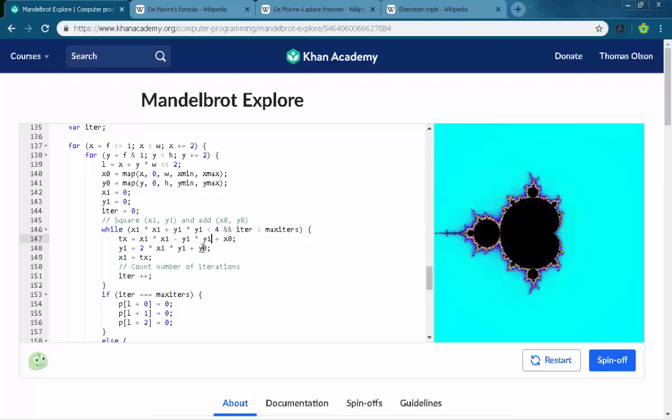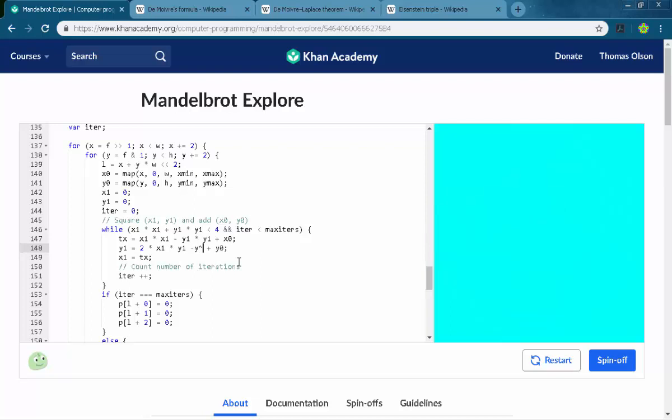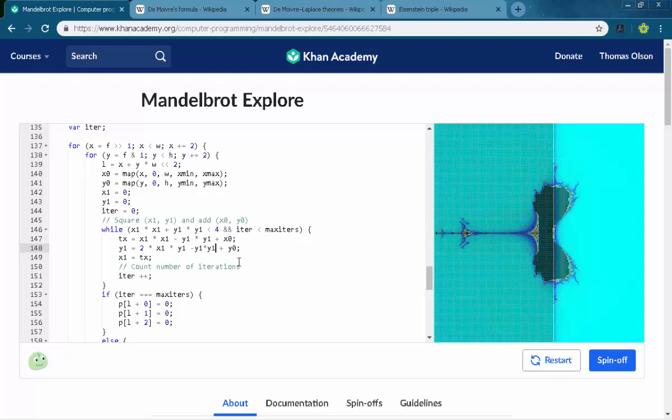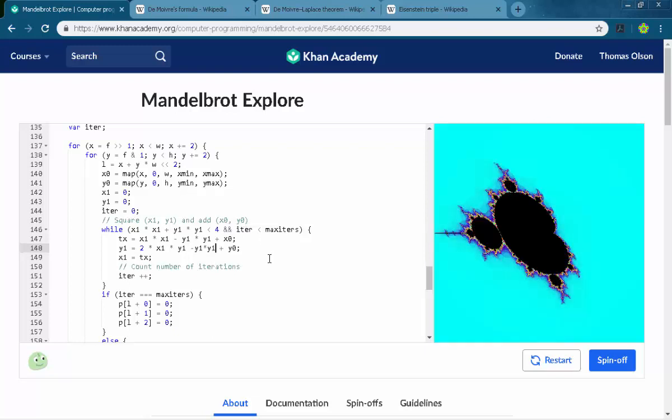Actually, let's I can do y1 times y1 right here, and that will get us a quick skewed Mandelbrot.